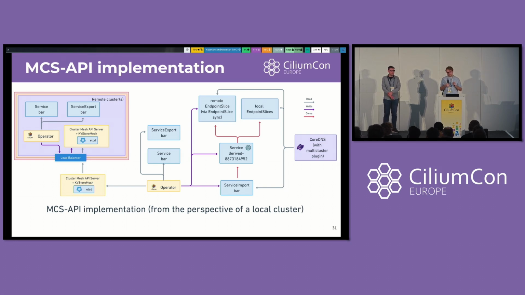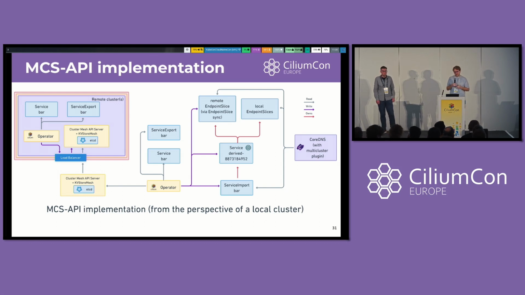So what we do, and other implementations also do that, is that we create a derived service. This derived service on the schema has a funky name because it's essentially a hash. It allows the service name to be exactly the same across all the clusters for given services, and it's also marked as global.